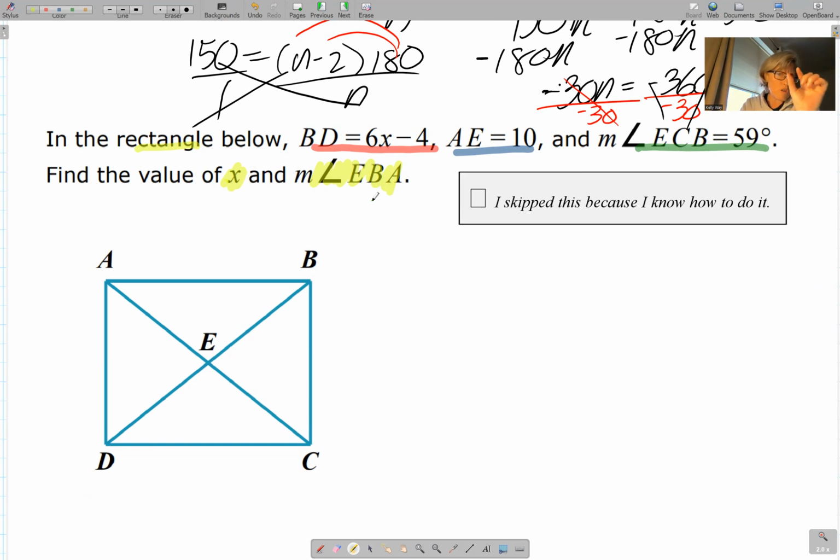Don't ever focus just on what it wants you to find. Just find everything possible, which we're going to do right now. So B to D is the whole side. AE is 10.